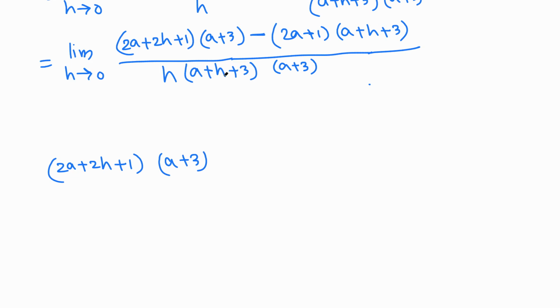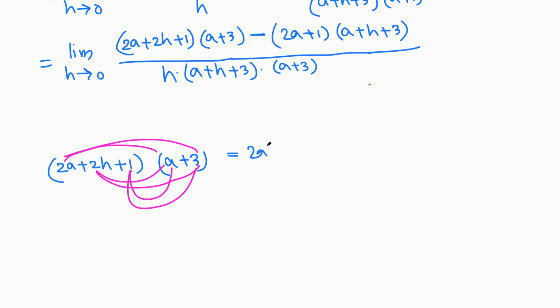There is a negative sign. Bottom is just h times this, so everything's fine. When we multiply this, we multiply 2 of them, then 2 of them, then 2 of them. So we multiply and we get 6 terms, so we can combine some of them.